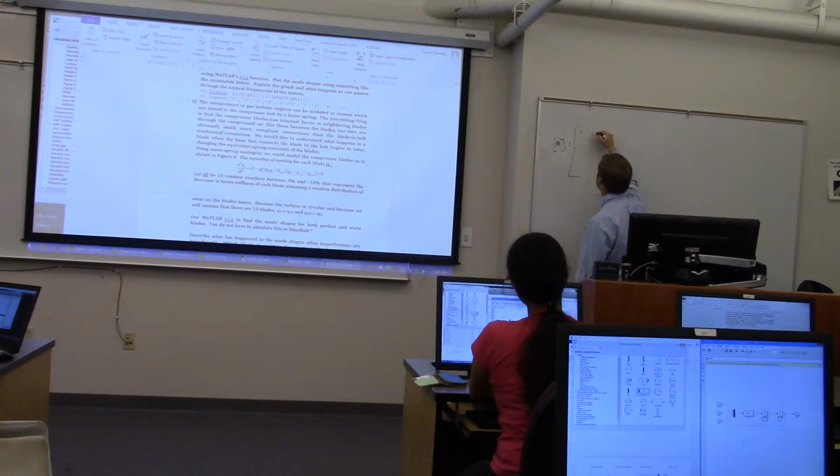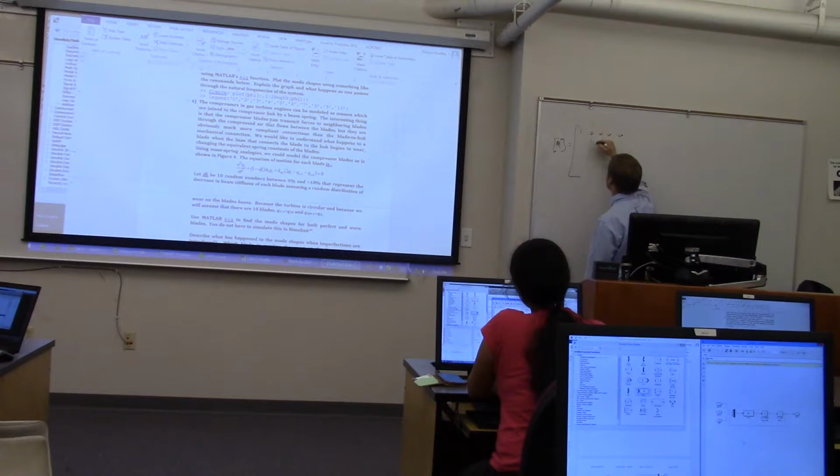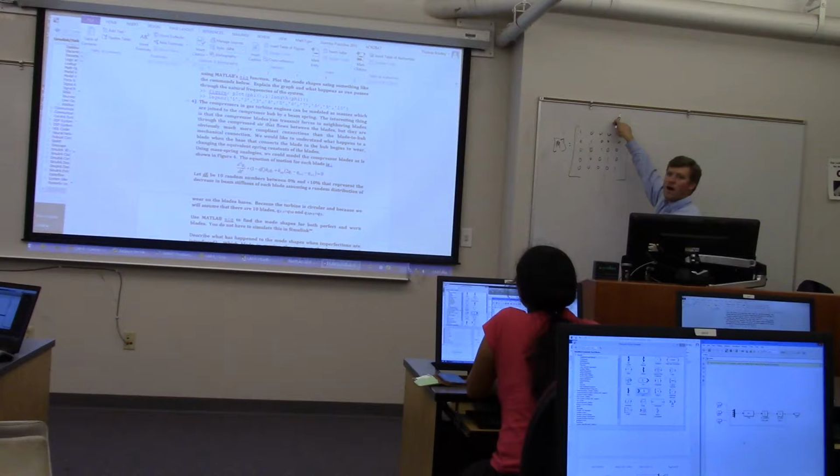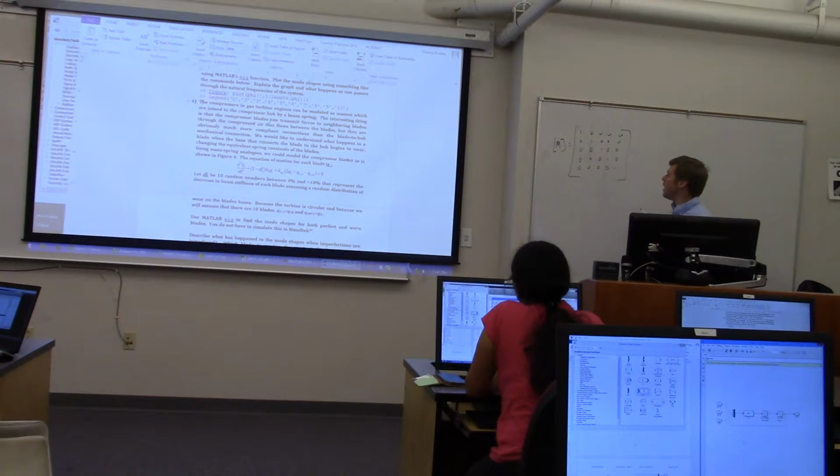It would have 1, 0, 0, 0, 0, then 0, 1, 0, 0, 0, and so on, down to 0, 0, 0, 0, 1. Right? This would be a five mass system with this beautiful mass matrix.